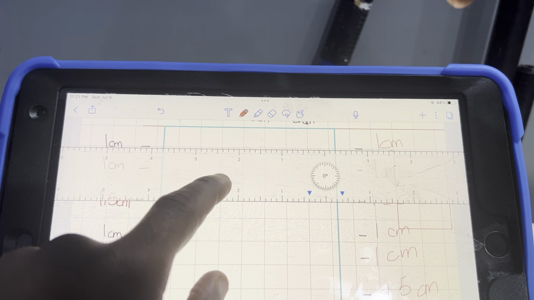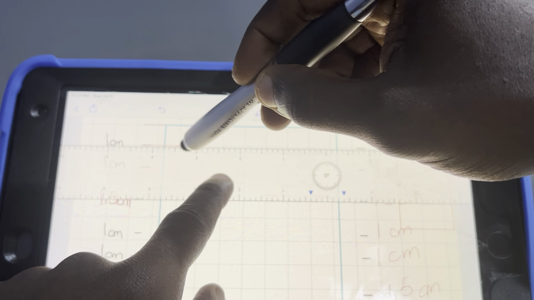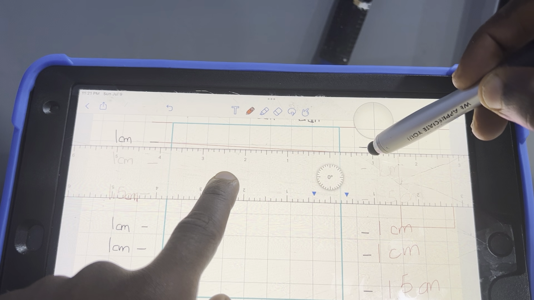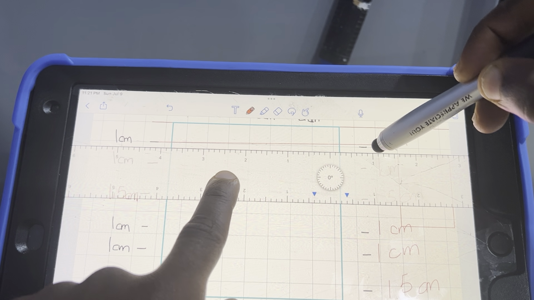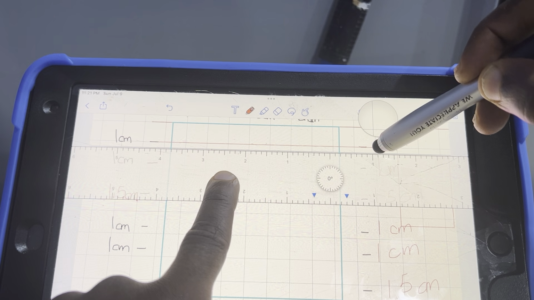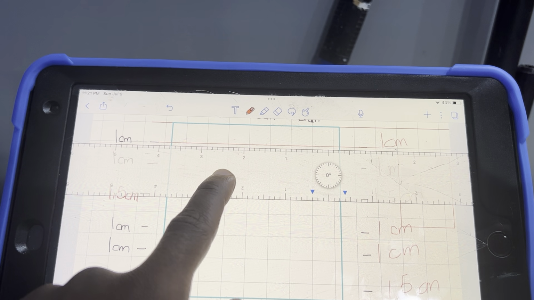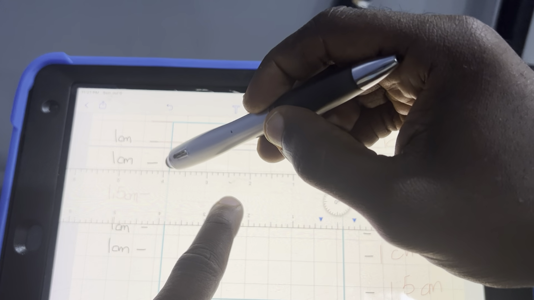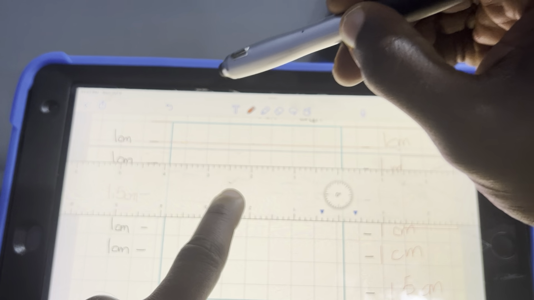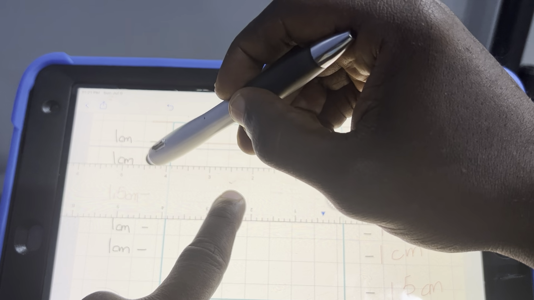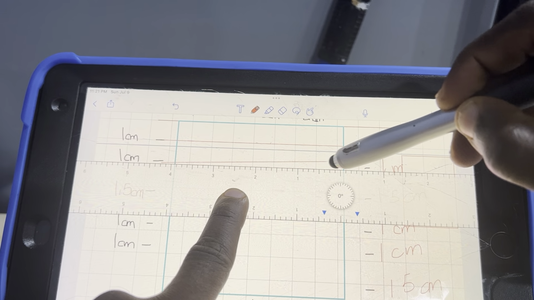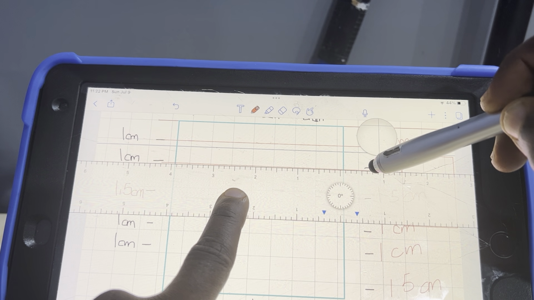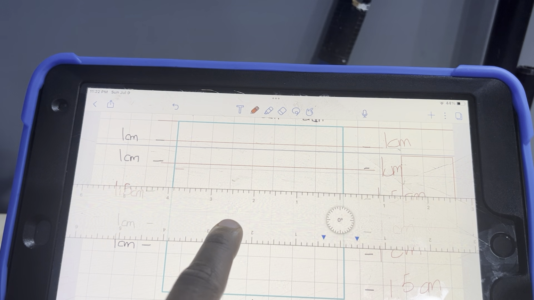So we would take our lines and connect them. Here we go.